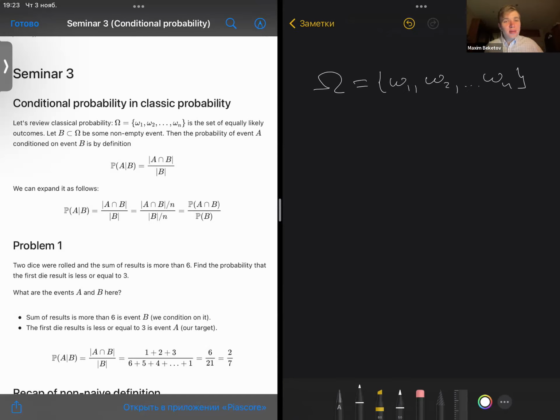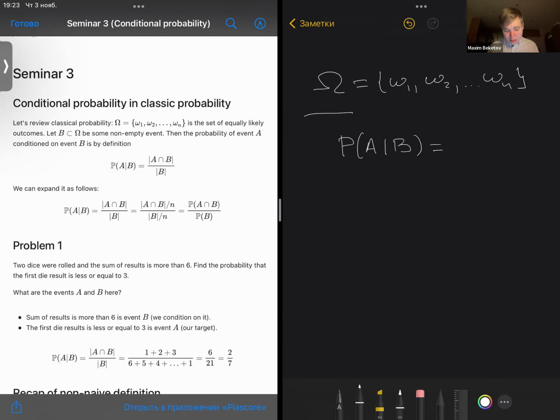If you have a discrete probability, that is a discrete set of equally likely outcomes. Then to define conditional probability, we need to be able to intersect two subsets of omega, and basically the probability of an event given some other event.